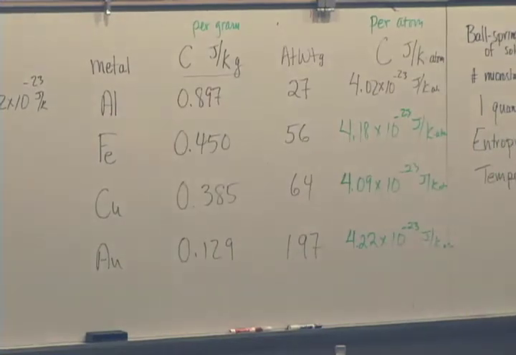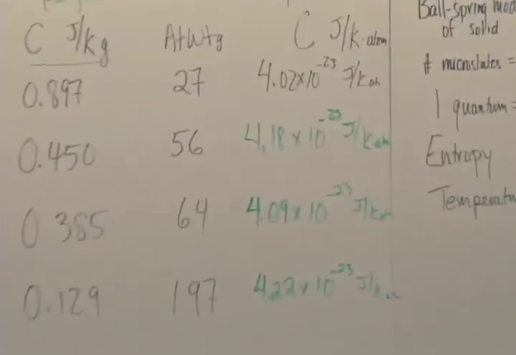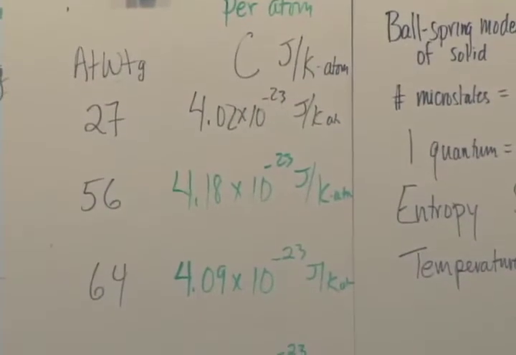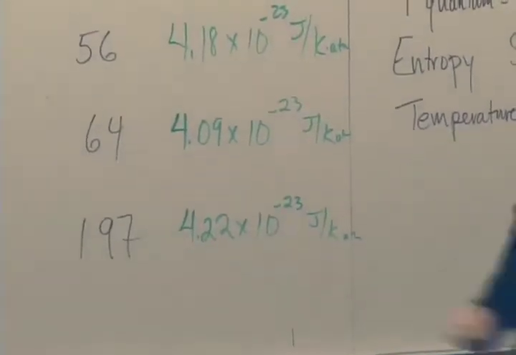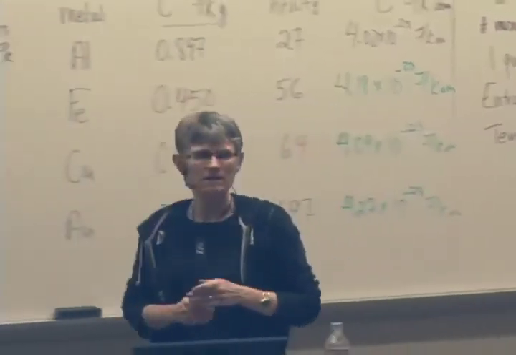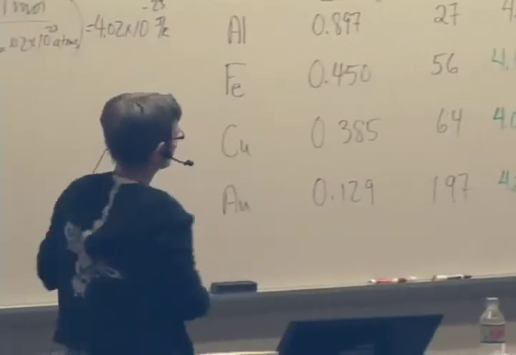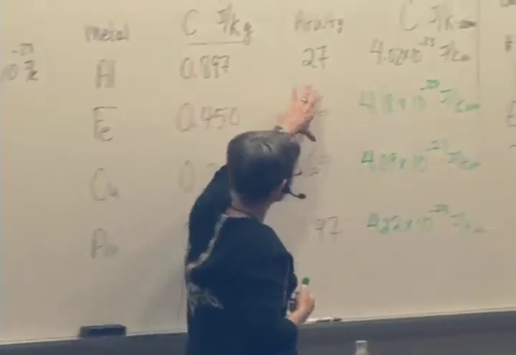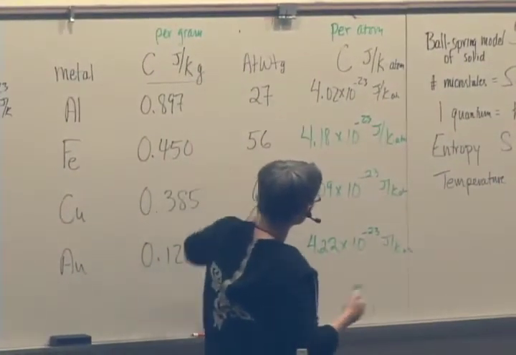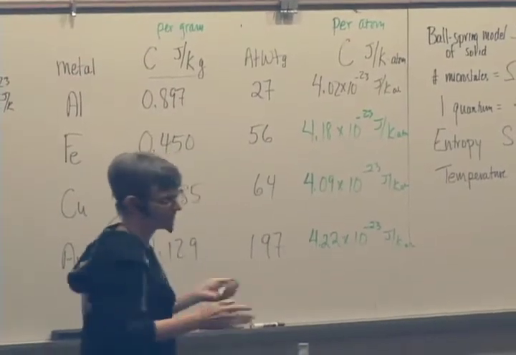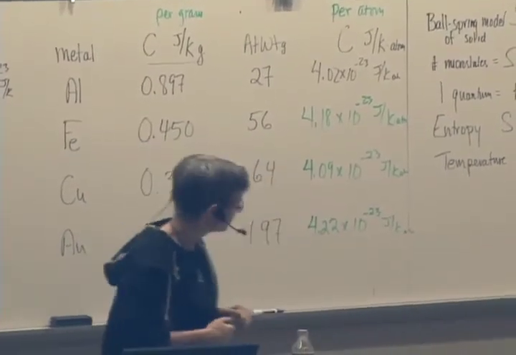Now, the interesting thing about these numbers is that they all look roughly the same. These very different metals, when we actually work it out on a per atom basis, it's sort of 4 point something times 10 to the negative 23rd joules per Kelvin.